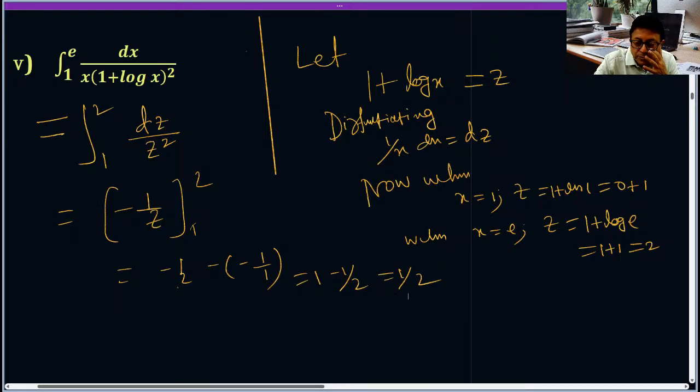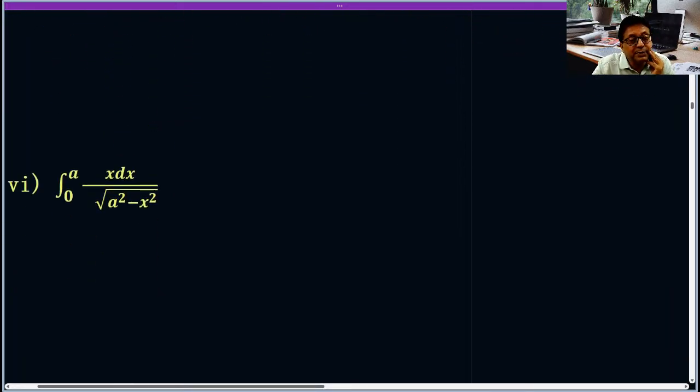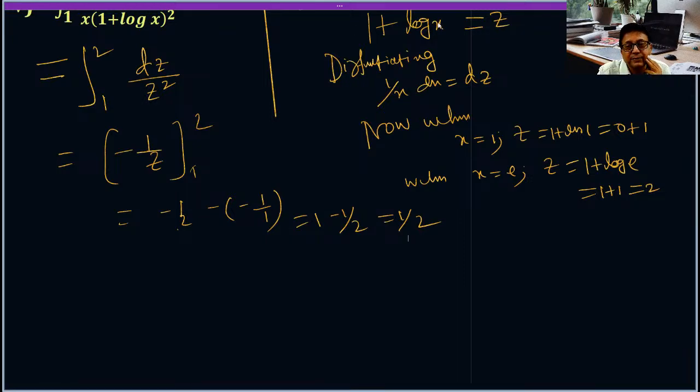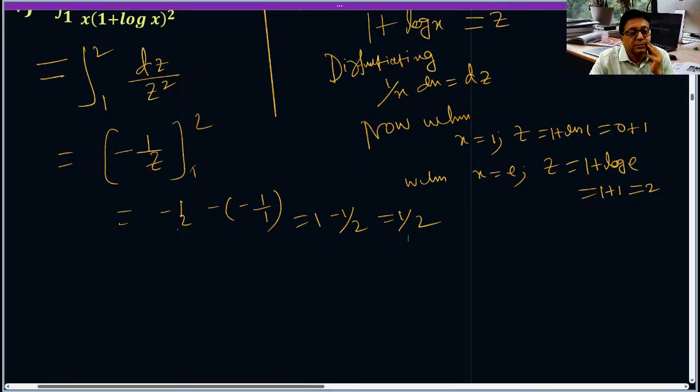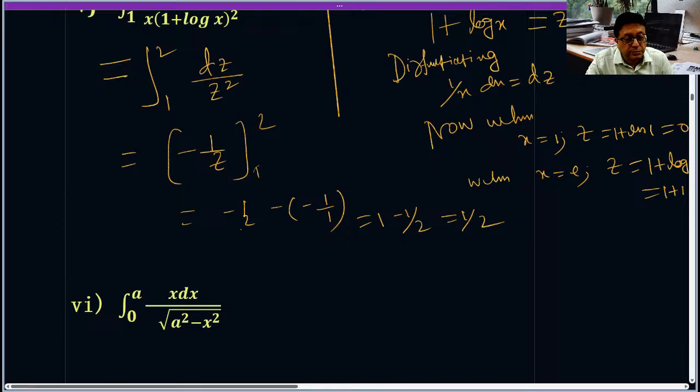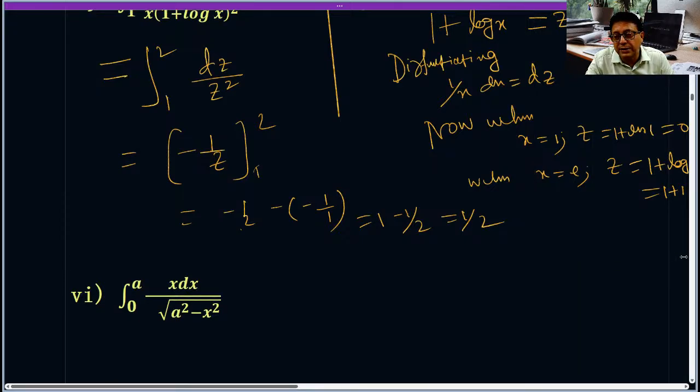Go for the next one. Already the document is shared with you. This sum: integral of x dx by root over a square minus x square. Again you make a substitution and change the limit.